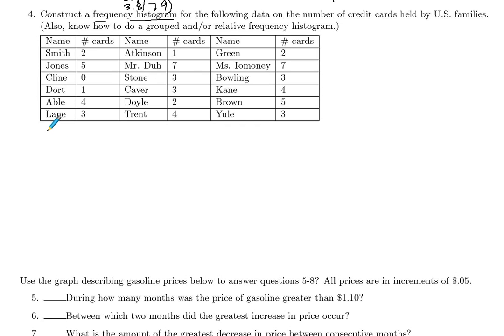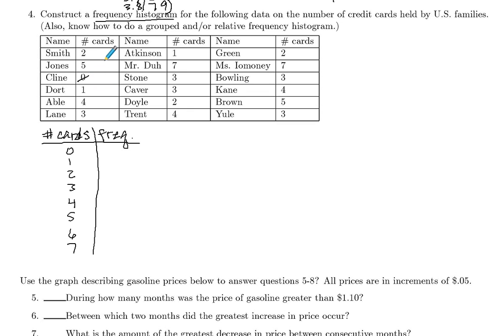So we're going to list the number of credit cards that they've got versus the frequency. So this could be 0 through 7. So 0, 1, 2, 3, 4, 5, 6, and 7. And then we look how many people have 0 cards.